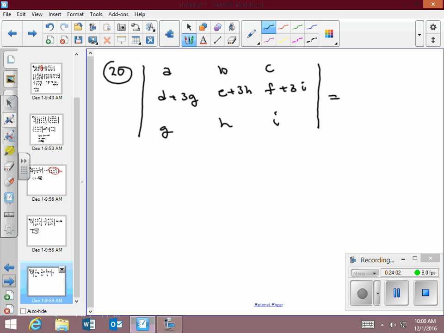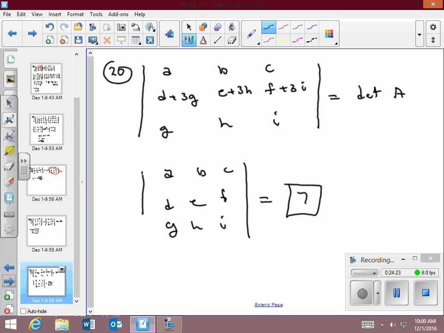So this is equal to the determinant of A, that A, B, C, D, E, F, G, H, I. And that thing was given to you as 7. And that's theorem 3, and that was A.